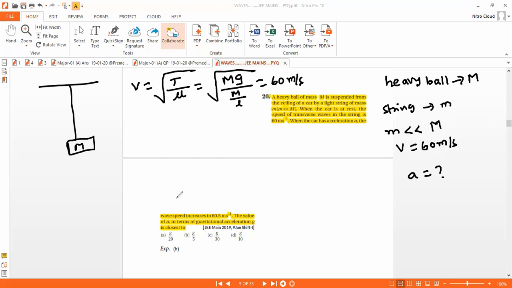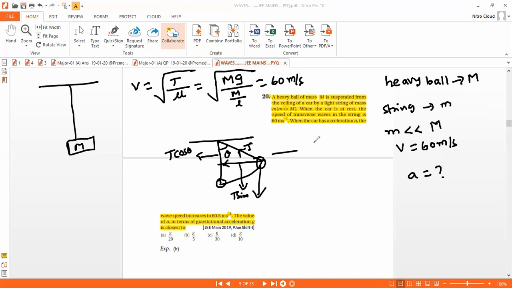Suppose here, whenever this mass oscillates, we'll have a tension T which makes an angle. Vertically downwards, this value will be T cos theta, and this value will be T sin theta.